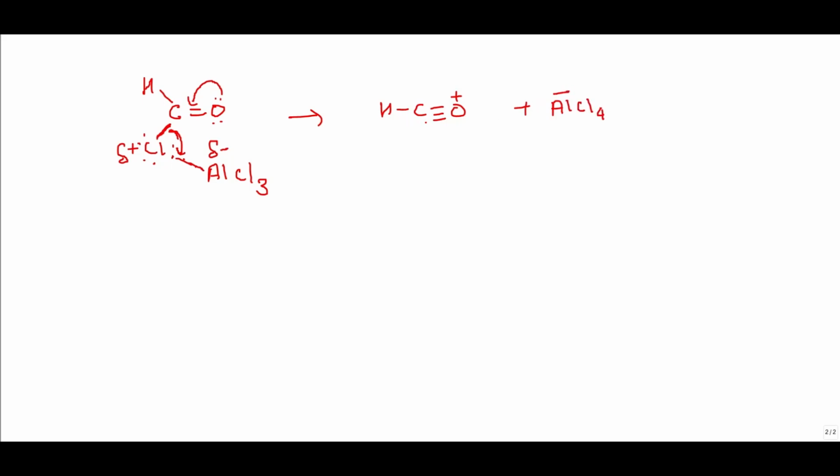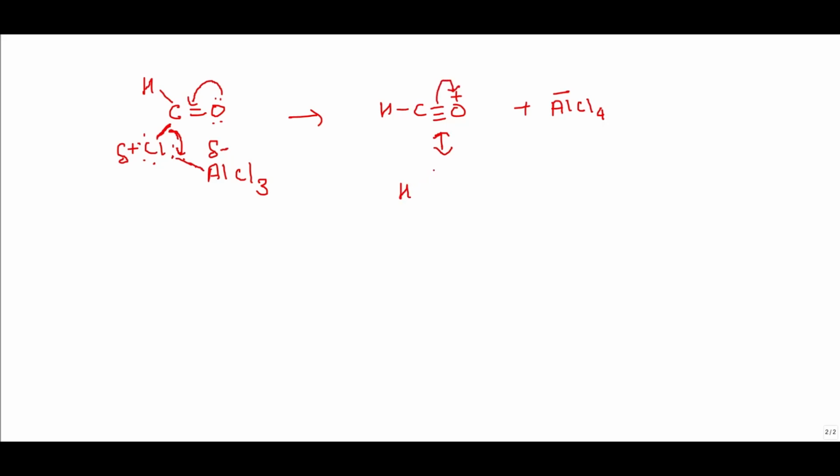Now, HCO is electrophile. Again, oxygen won't act as an electrophilic center because it is already having 3 bonds, it cannot make 4 bonds. So, what it does is that it can accept pi electron, generating a positive charge on carbon. One can also show this like this as a resonance contributing structure.